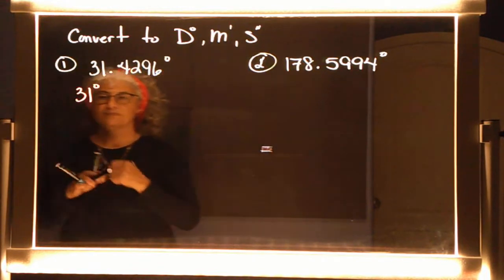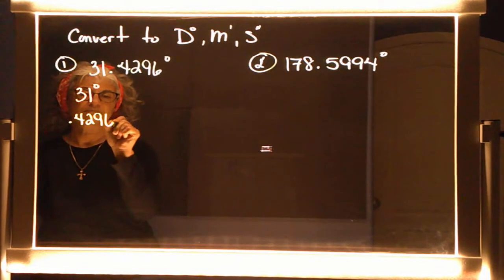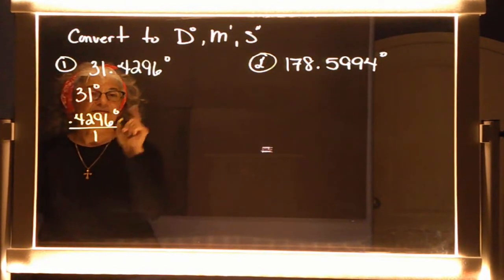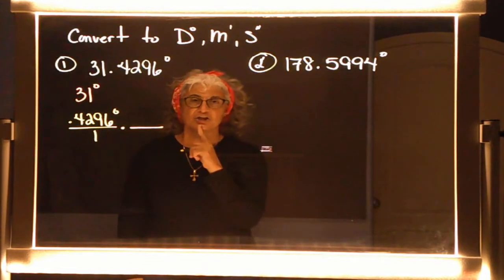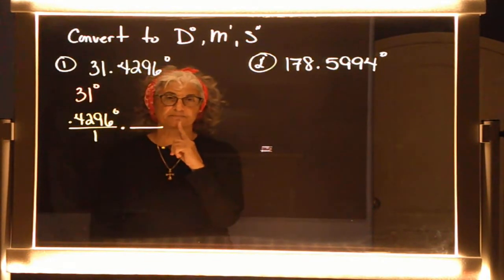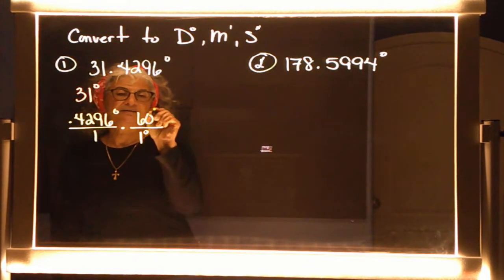So, I'm going to take our decimal, and yes, over 1, and I'm going to convert it to, what did we say? Minutes. So, how many minutes are in a degree? That's right. 1 degree on the bottom, 60 minutes on the top.